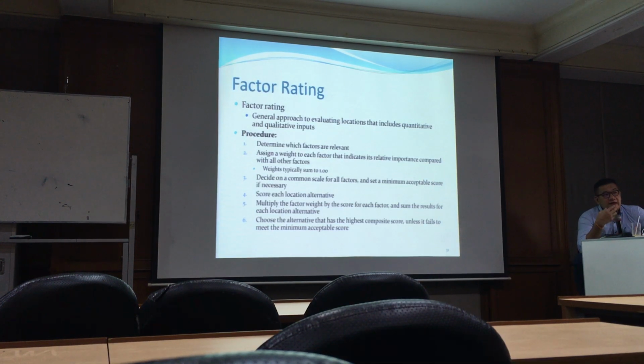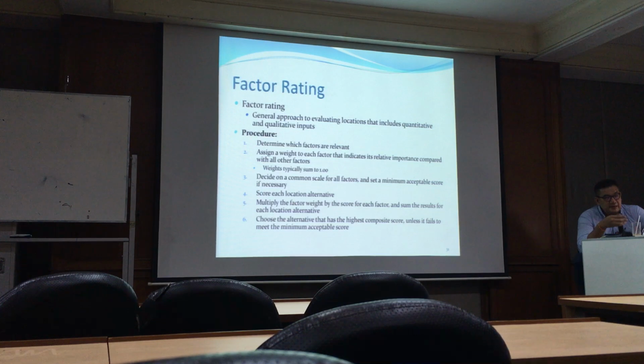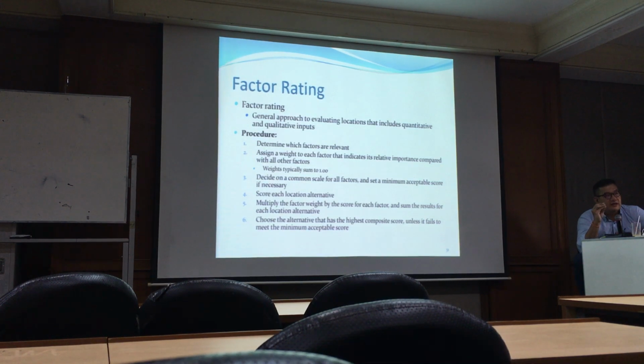So in this case, you might need to use comments or opinions from an expert on which factor really is involved in your decision, which factor you're going to give more weight, and how much you're going to give each of them. The total weight needs to sum up to 1.